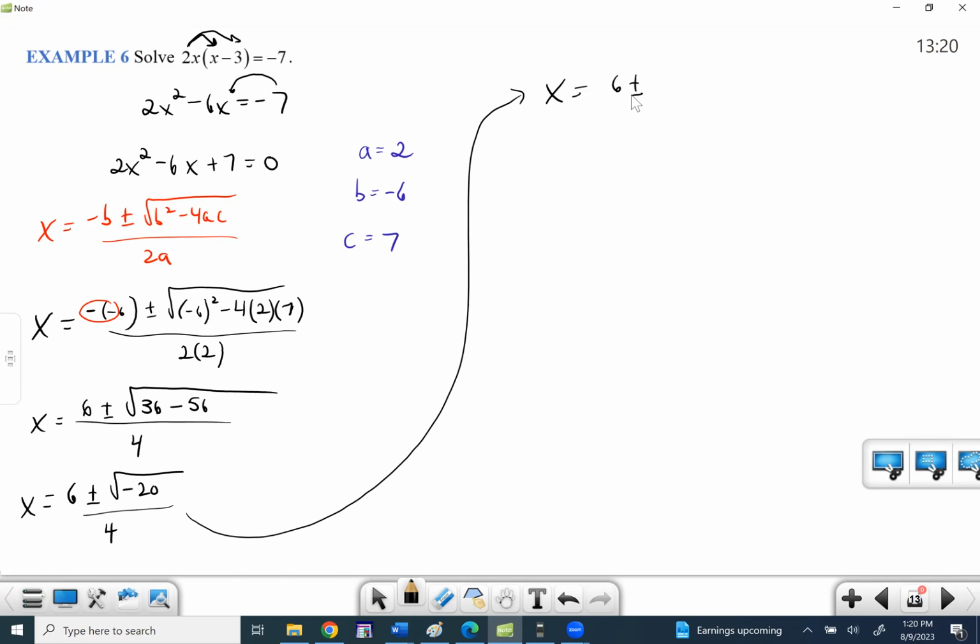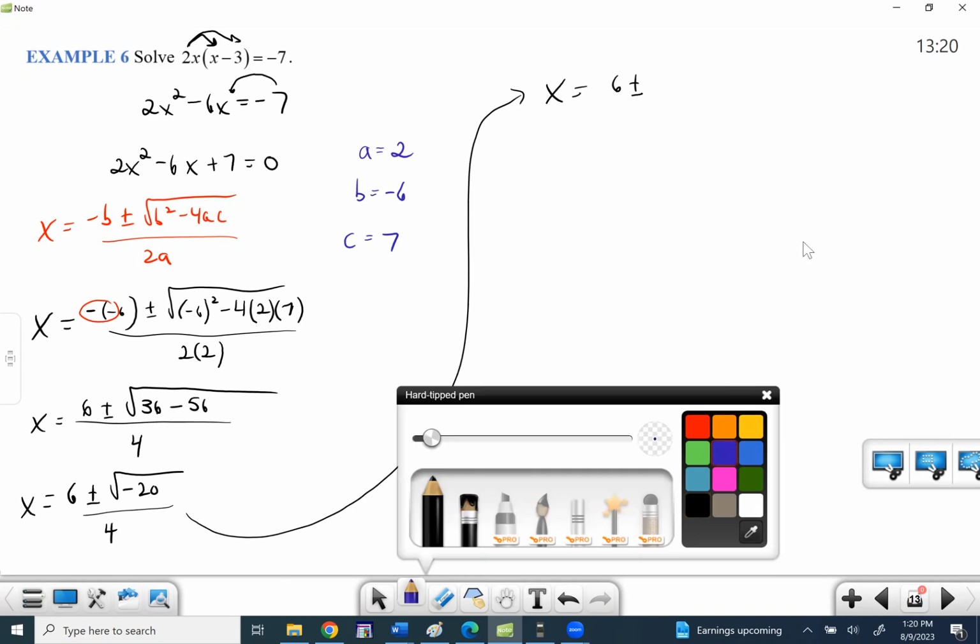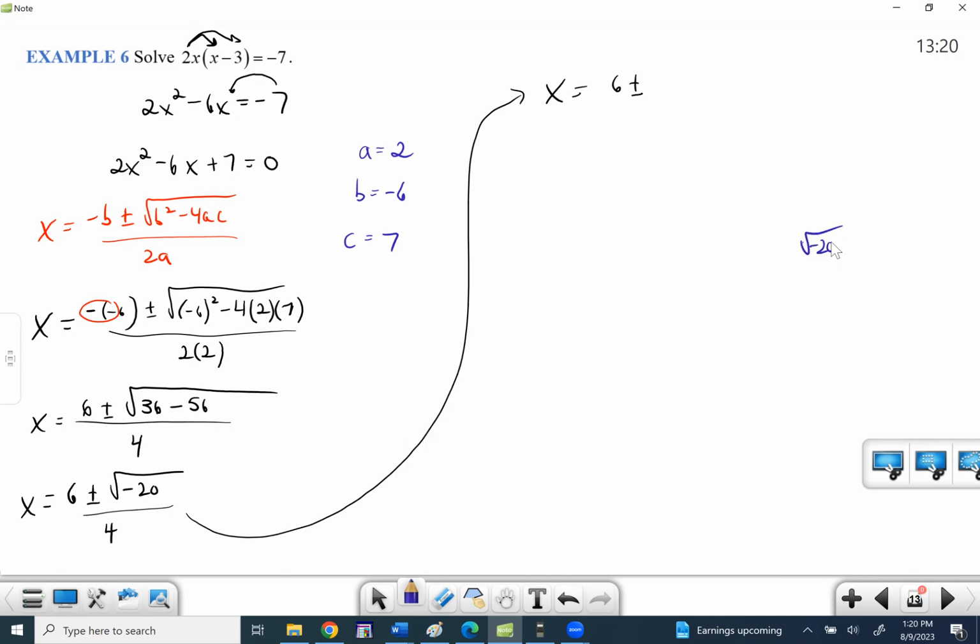All right, so let's break down the -20. We know that you can't have a negative under the radical. You've got to make it an i and turn it into a positive. Then 20 breaks down, right? You can break down 20 by saying it's 2 times 10, it's 2 times 5, so it's 2 root 5. 2i root 5.